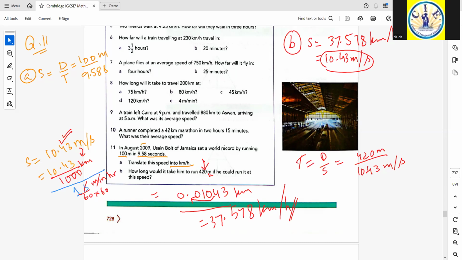So you can write it down as 40.2 seconds. That's the time. So that completes question number 11 as well as the exercise.